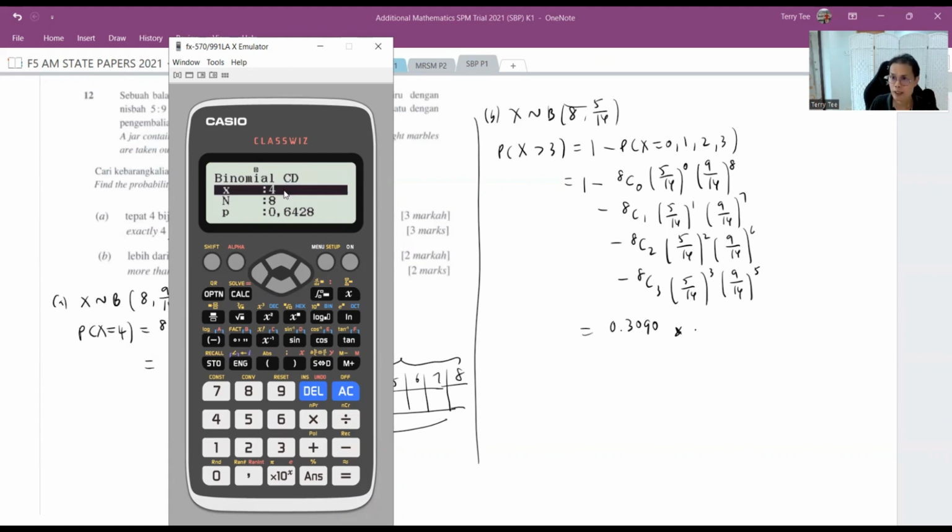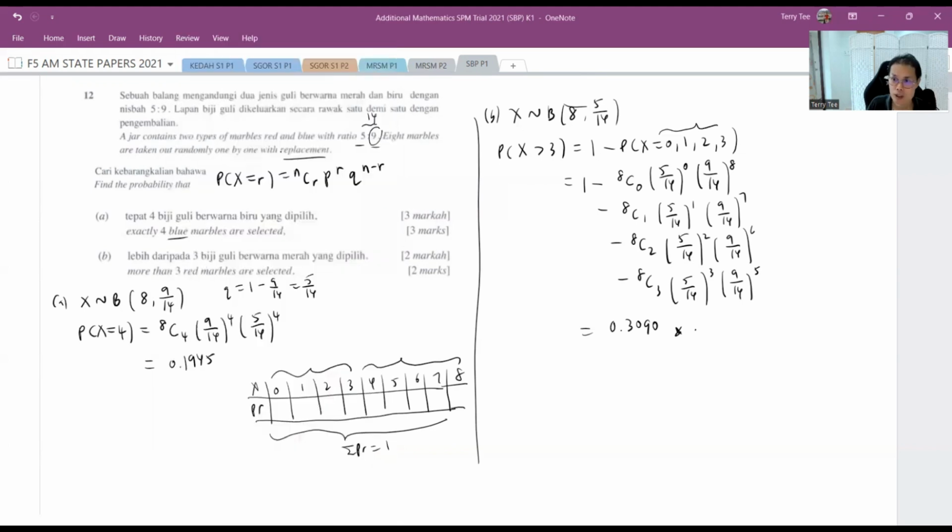Okay, I want to find 4 onwards, but I can't find 4 onwards from here. Cumulative density is like cumulative frequency. We count from 0 up to where we stop. So that means if I want to find 4 onwards, I must do 1 minus 0, 1 to 3, which is something similar to this, 0 to 3.